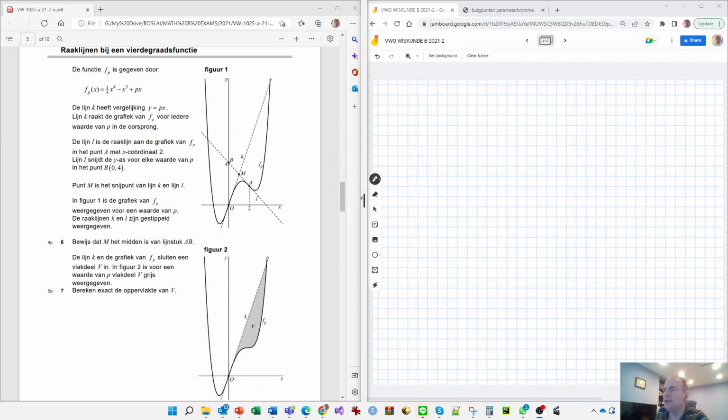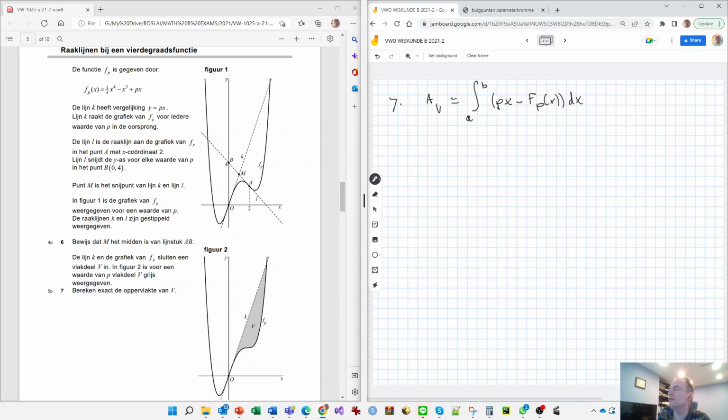Well, that's the integral from this intersection here, assuming that it doesn't intersect more, which is not likely, we will find out, to the x coordinate of the intersection here, let's call that b, of the line k, which is given by y is px, so px minus fp of x dx.